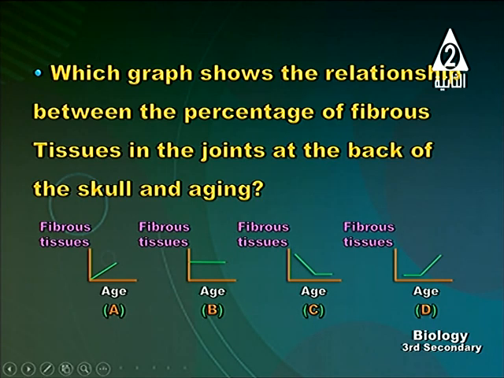Here we have fibrous joints increasing by aging, and that's wrong. Fibrous joints remaining constant by aging, also wrong. Fibrous tissues decrease by aging, then remain constant, yes. Or fibrous joints remain constant, then increase. Of course, the answer will be C.